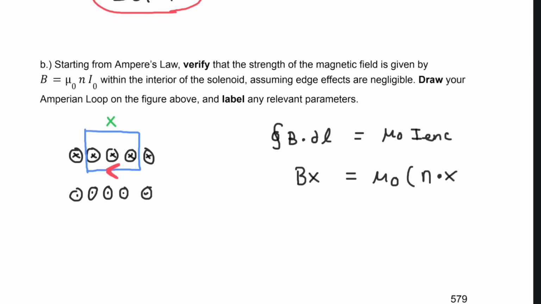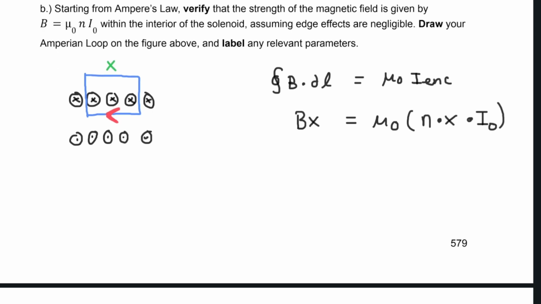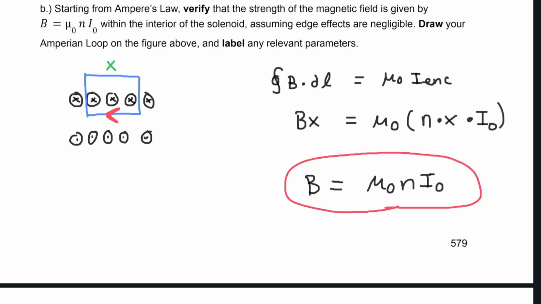Then I just multiply by the current. So I'm enclosing nx coils of I0 current. Notice the x's cancel, so we get the familiar solenoid formula, B equals mu naught n I0. And not that it showed up here, but this little n is capital N divided by length.